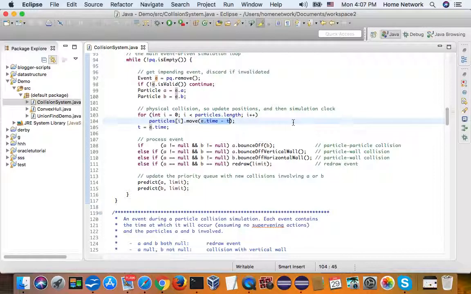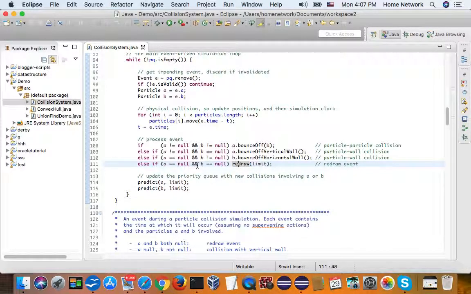So we can advance all the particles with that small time interval, knowing that we only have one collision at this time. That one collision is either bouncing off each other, or bouncing on a wall, or it's time to redraw.